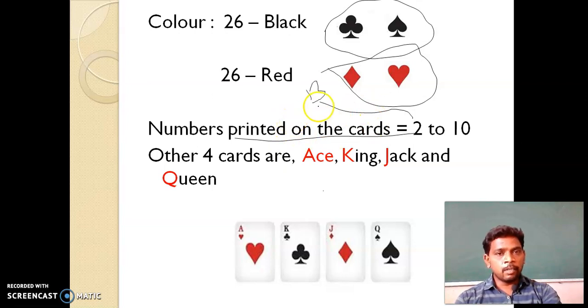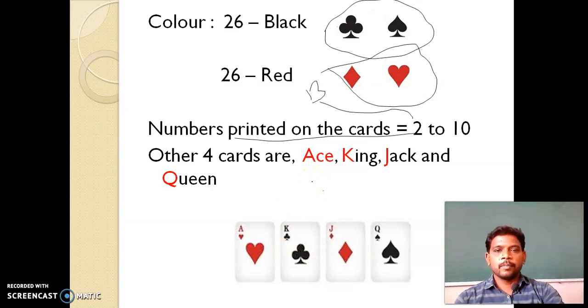Of those 13, 9 cards are in printed format, from 2 to 10. What about the remaining 4 cards? They are ace, king, jack and queen. These are the images of the 4 cards. So this is the classification of playing cards, and that classification is very important.